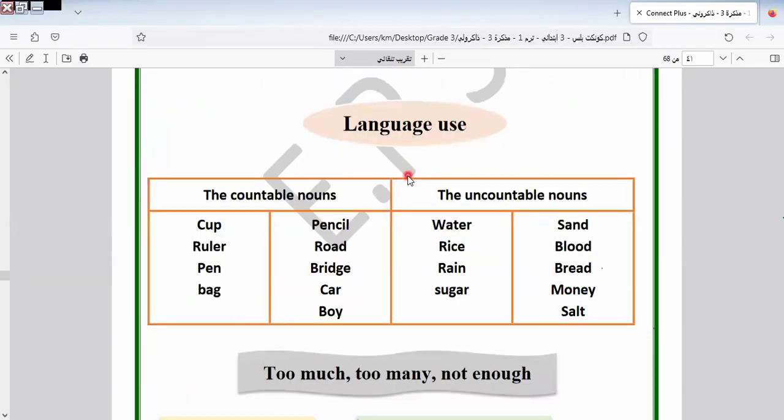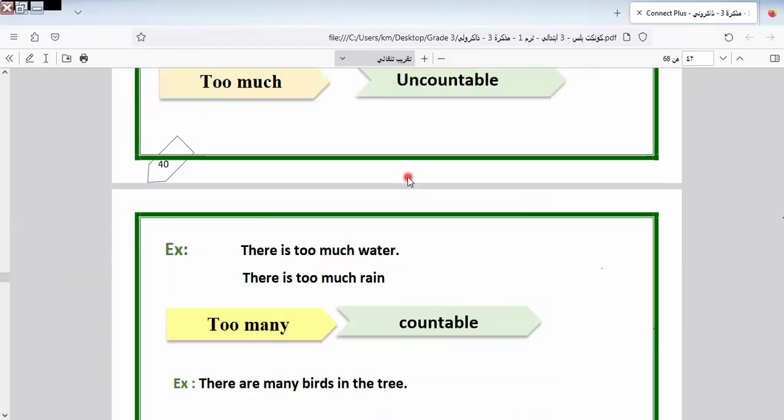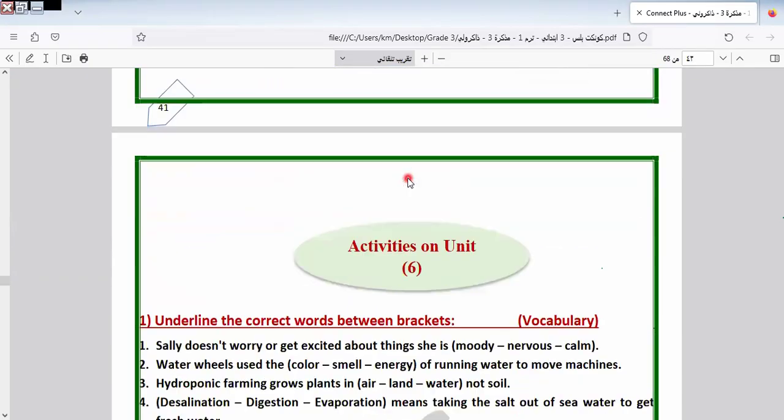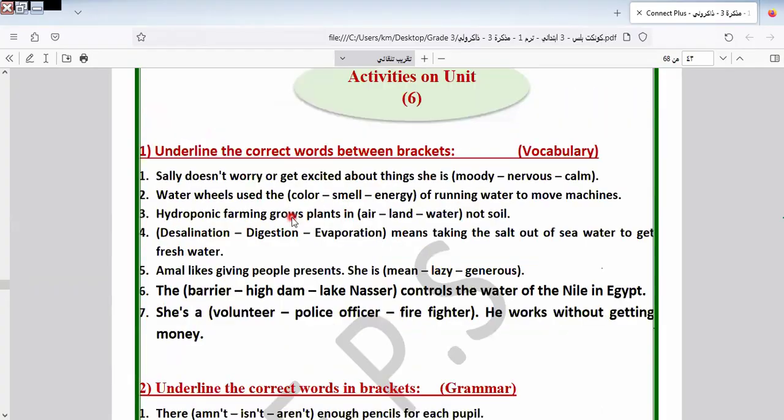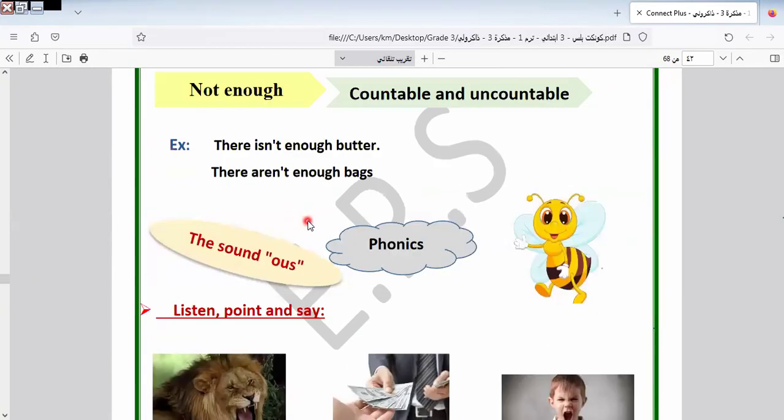It will be not enough. So I say here that we needn't, or we can say the salt is enough. I can say the salt is too enough in food.